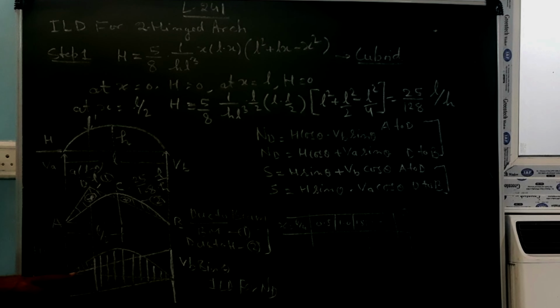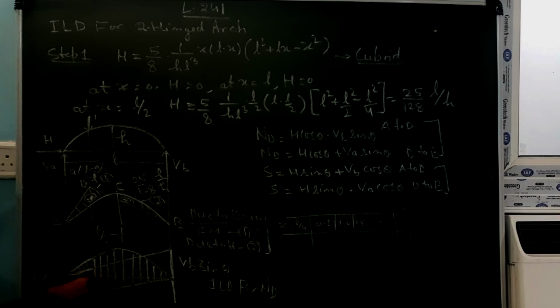So this is superimposed on this BD. This point is left over and this is hatched. This is your positive. This H is negative, you can say. This H cos theta is taken, and this whole portion will come up to here. This is your influence diagram from A to D.